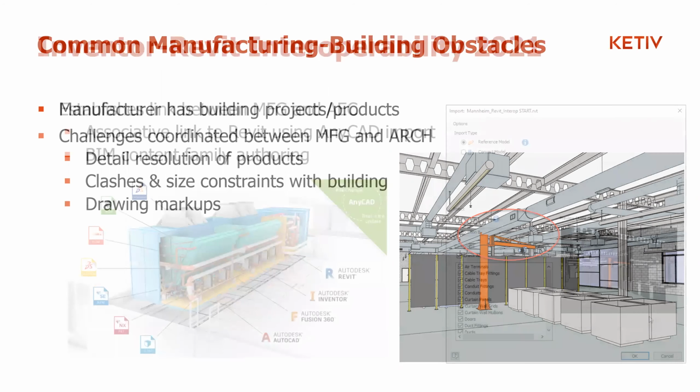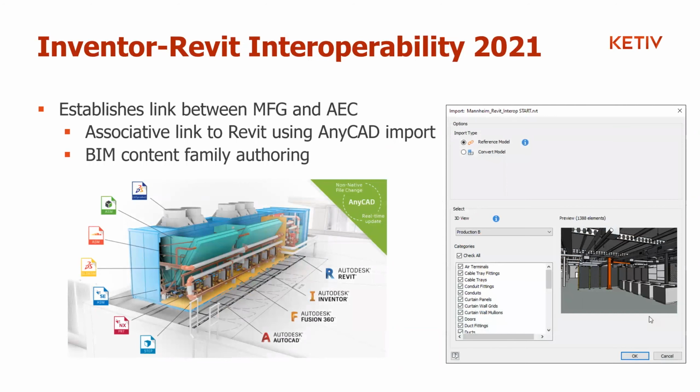What Autodesk did in 2021 is they did the first step of this in establishing a true associative link between Revit and Inventor. So if you're not familiar with Inventor 2021, Autodesk used its AnyCAD functionality to allow you to natively bring in a Revit file into Inventor.